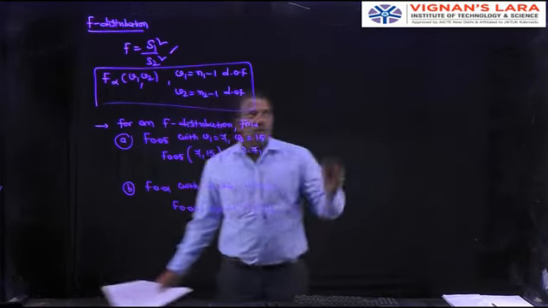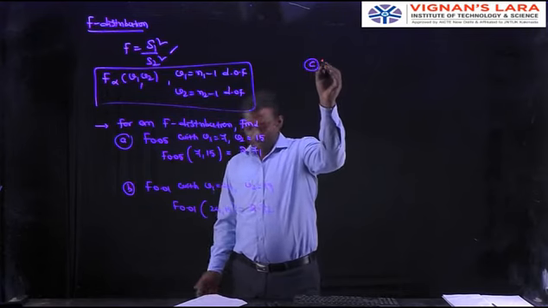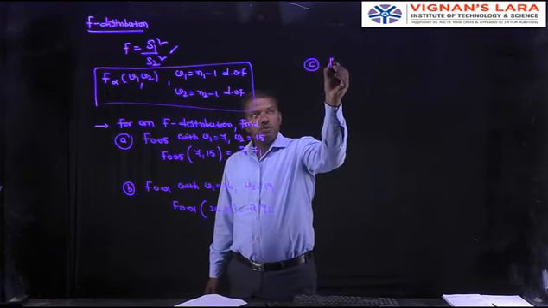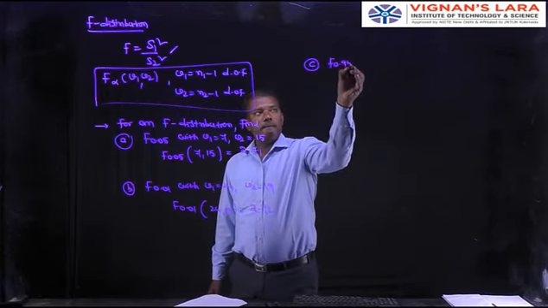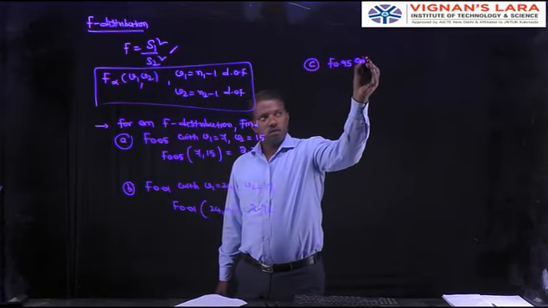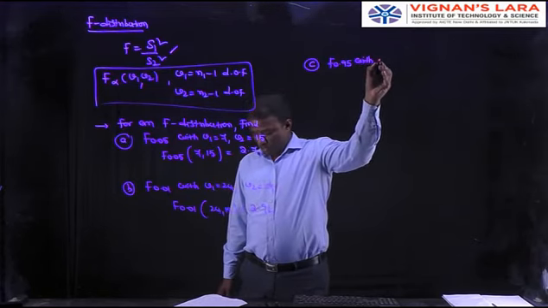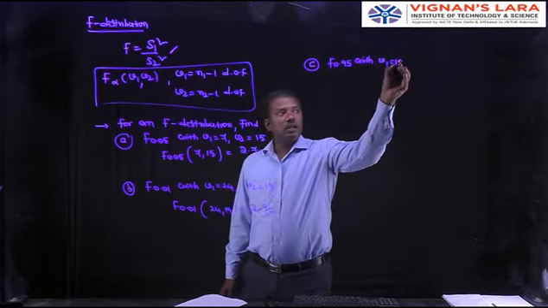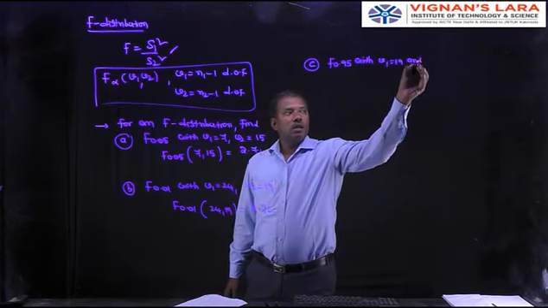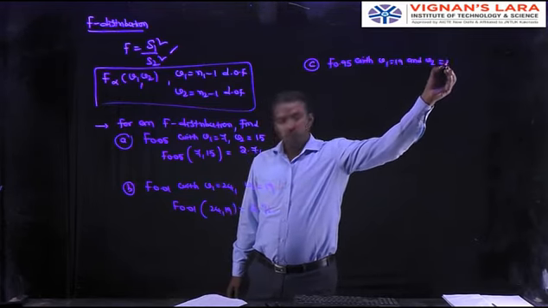Then coming to the C part, F 0.95 with V1 equal to 19 and V2 equal to 24.